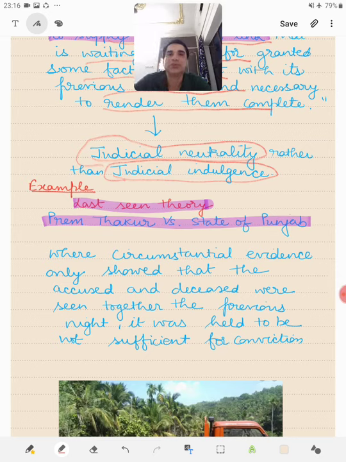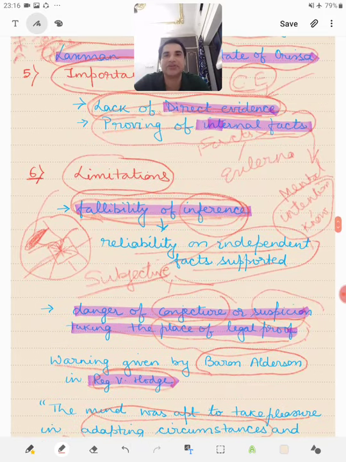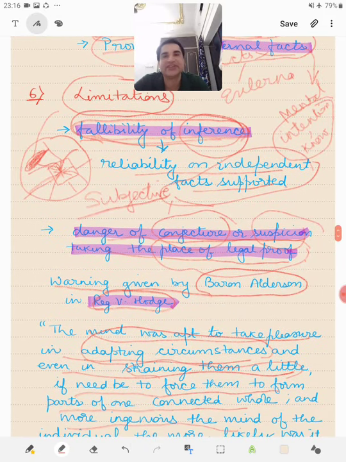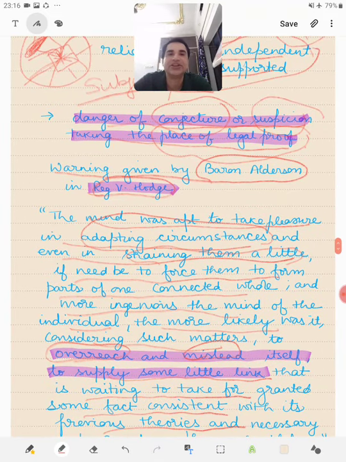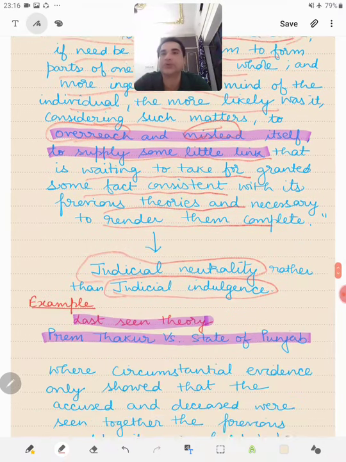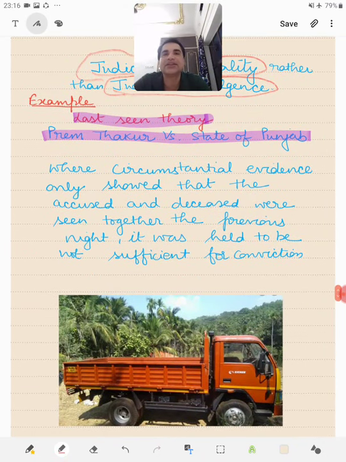Now we have seen the limitations. One limitation is the fallibility of inference because of the subjectivity involved in it, and another is the danger of conjecture or suspicion taking the place of legal proof. Now, what are the examples of circumstantial evidence?